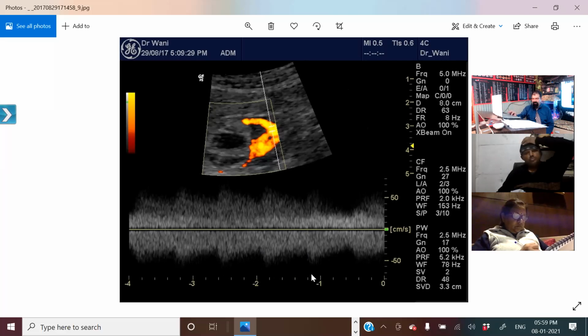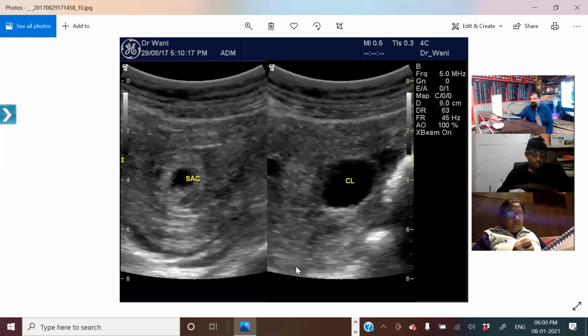This we call the placental flow, but this is not actually the placental flow. Why has this term been coined wrongly? It should be a trophoblastic flow, not the placental flow. Anyhow, the books write the placental flow. So this is how the placental flow looks, confirming the diagnosis of an ectopic pregnancy.